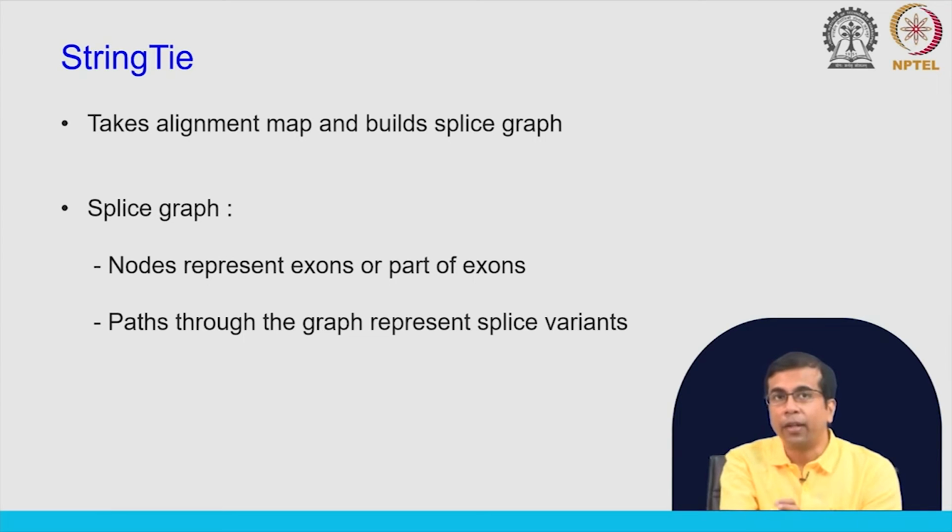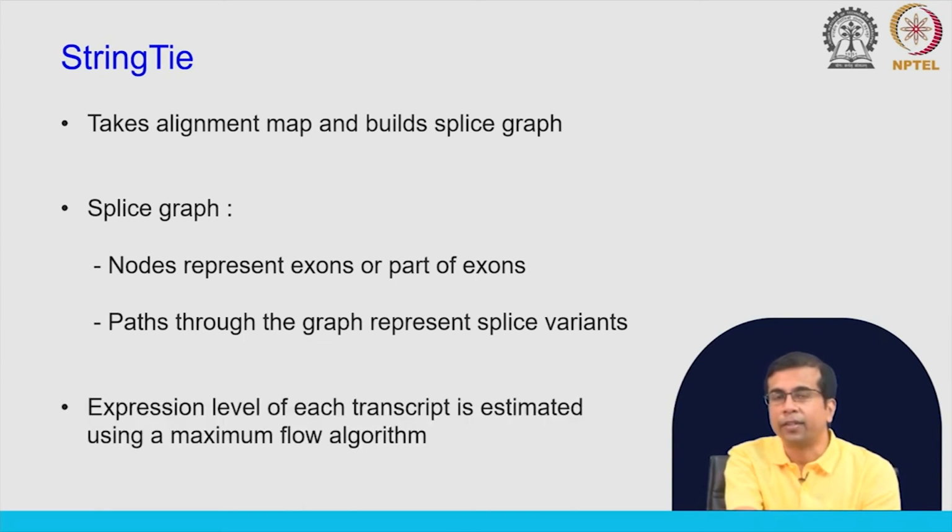Now, once you have built a splice graph, this method uses something called a maximum flow algorithm, which I will not discuss, and it estimates the abundance of these transcripts. Each of these transcripts would have an abundance value that is estimated from this splice graph, using the maximum flow algorithm.